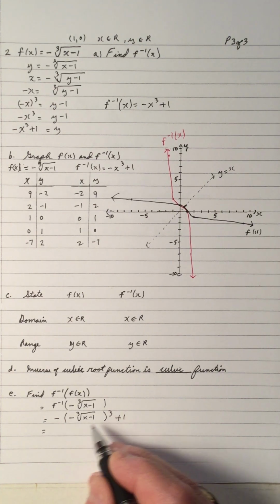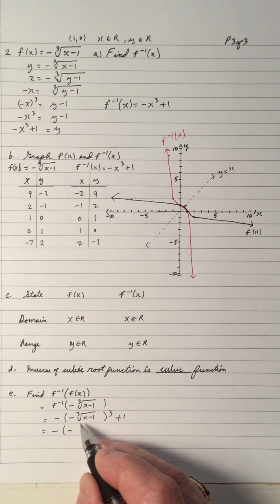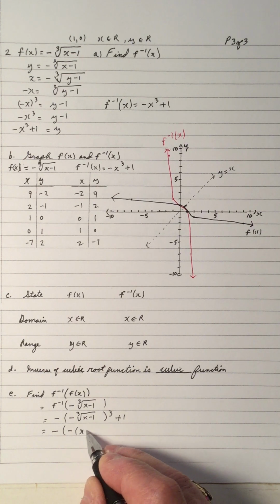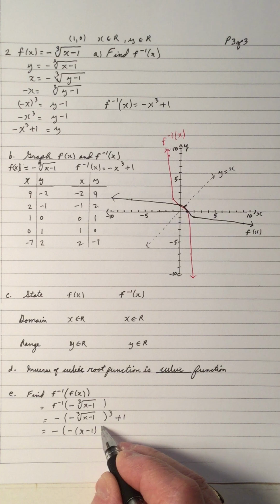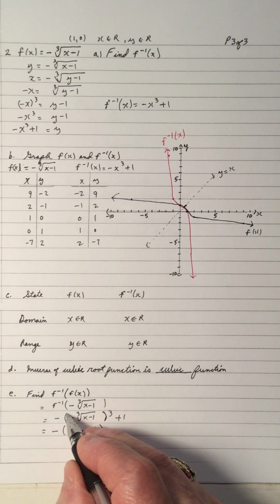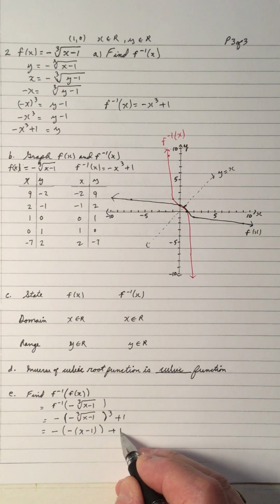I can't simplify this, but I got to do the exponent. So negative cube, negative times the negative is a negative. The cube root of x minus 1 cubed is x minus 1. Okay, there's this bracket, there it is. So I cubed it, plus 1.